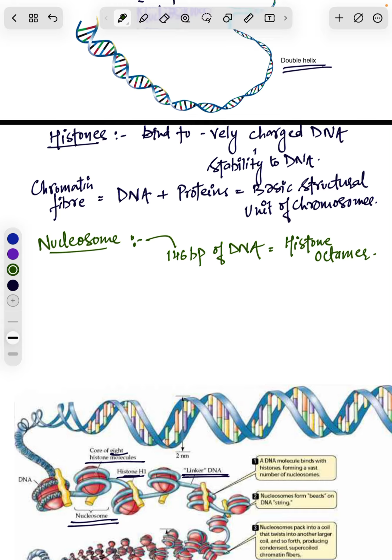So basically the octamer has 2 copies of 4 core histones. DNA length varies between species. Core DNA is DNA associated with the histone octamer, and linker DNA is DNA between histone octamers, 8 to 114 base pairs, or 8 to 11 base pairs.